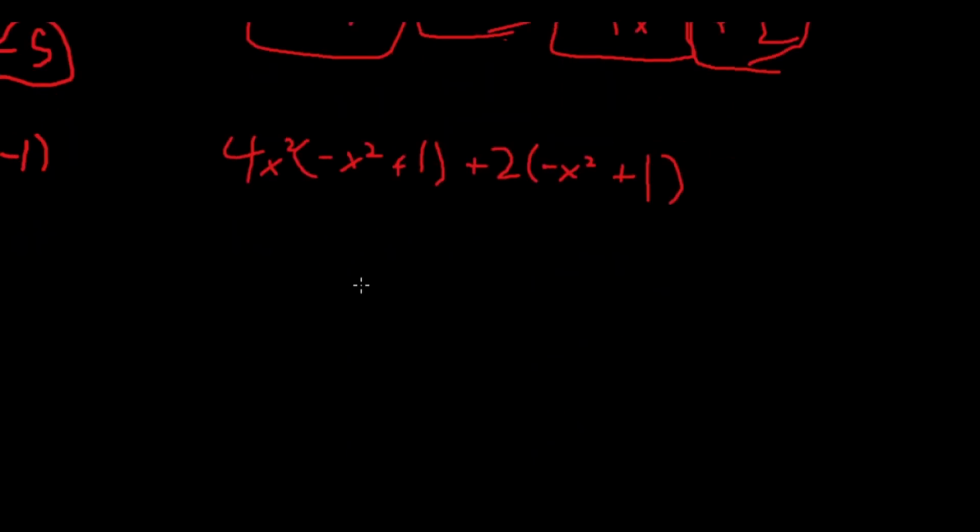So our answer would be 4x squared plus 2 times negative x squared plus 1.